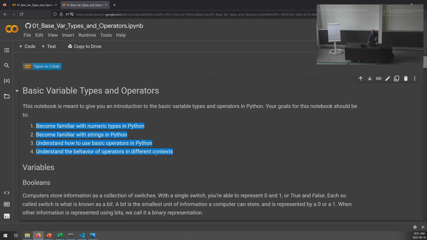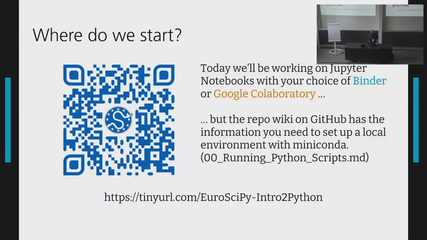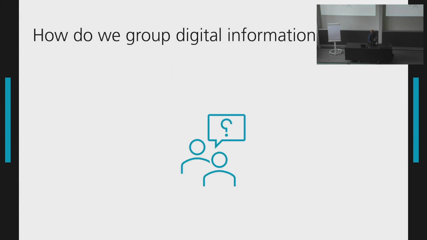But I have a following question that I want to ask you. How do we group digital information? Because right now, you have individual little pieces of information, right?